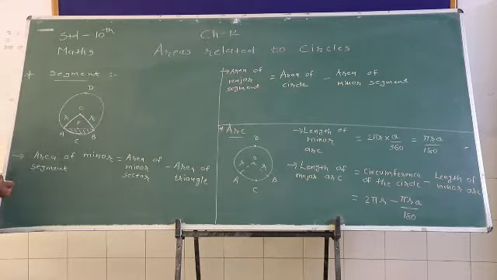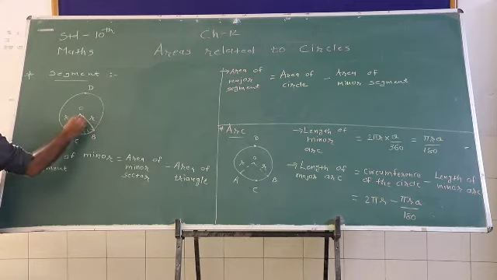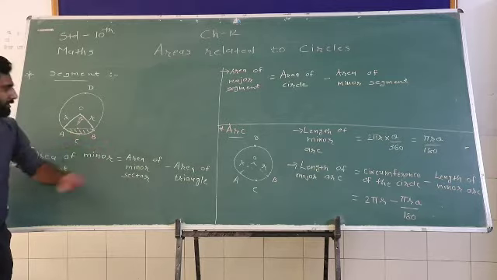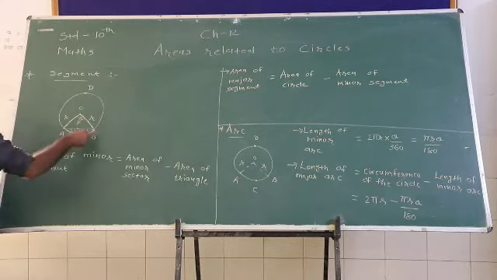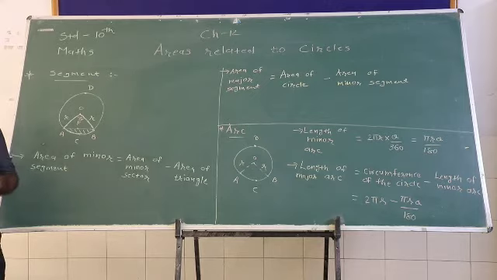So for the area of the minor segment, that means the area of the minor sector, the angle here is theta. Area of minor sector minus area of the triangle gives the area of the minor segment.